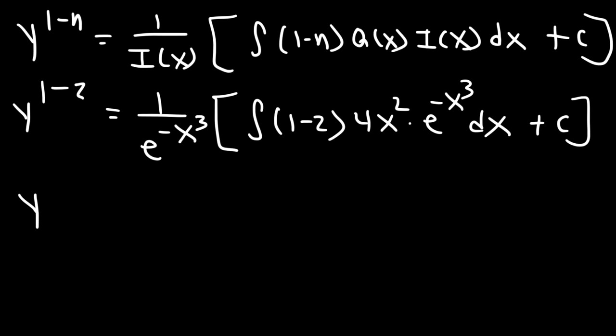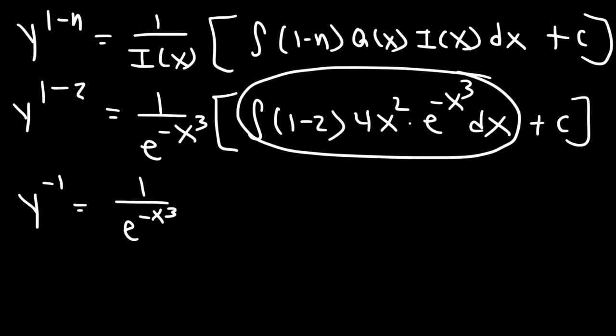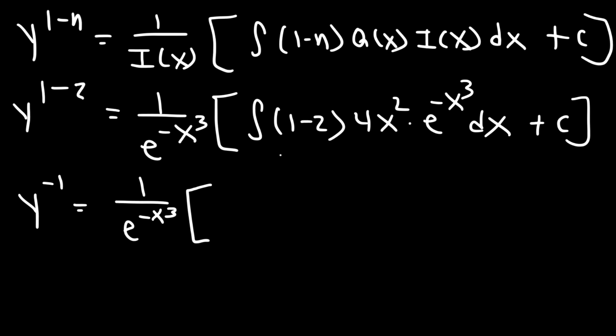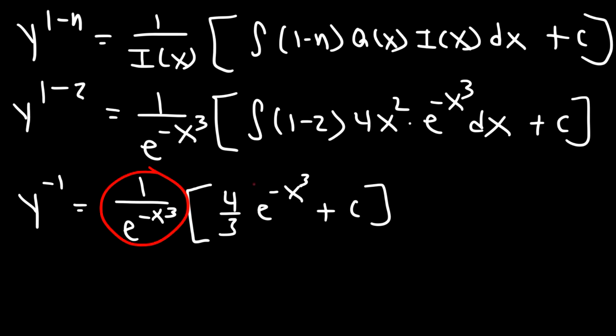So we have y to the 1 minus 2, which is y to the negative 1. And then this whole thing right here, we can replace that with 4 over 3 e to the negative x cubed, and then plus c. So now let's distribute this term to these two terms.